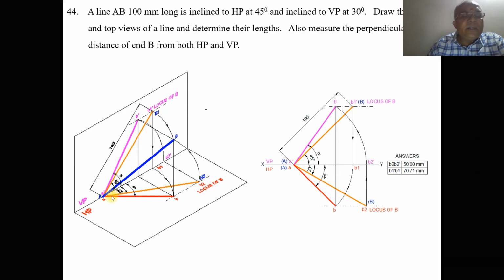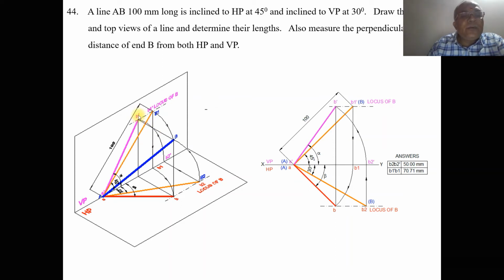So when you are considering capital A and capital B2, with A as center taking the radius of AB2, when you rotate that B2, it will touch the locus of B in the front view. So when you look from the front view, since you are rotating in space, what happens to the image? The image starts rotating from A dash, with small a dash as center, and B2 dash is slowly rising till it comes and cuts the locus of B in the front view.